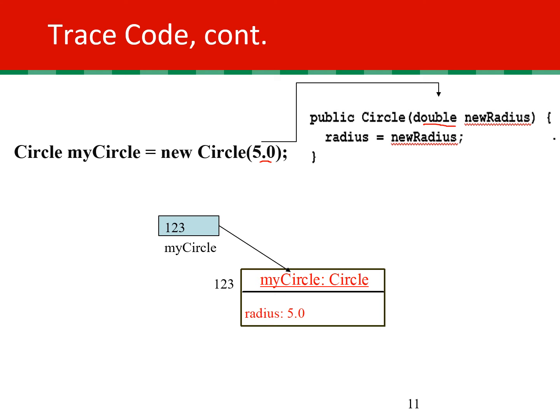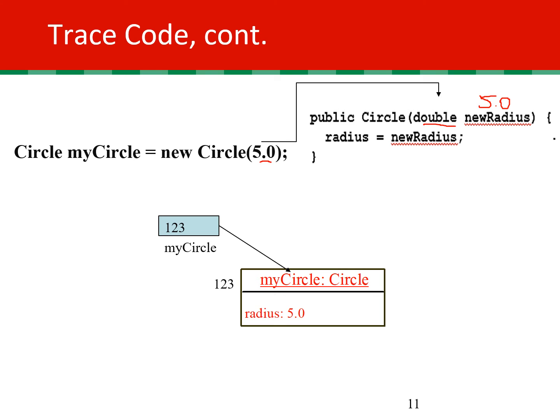If this is double, this one should be double. If this is integer, this one should be integer. So when you write this kind of code, when the compiler runs it, it will be looking for a constructor with one parameter, which is type double. So it will go here, and here is 5.0, so it brings this 5.0, and 5.0 is assigned to radius.